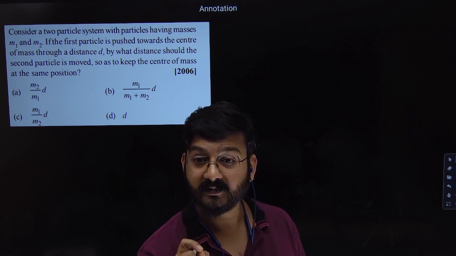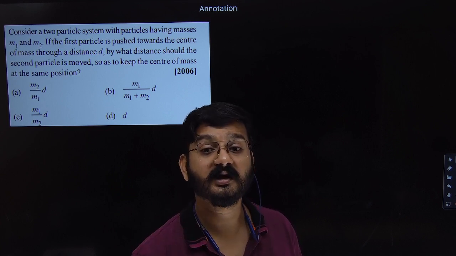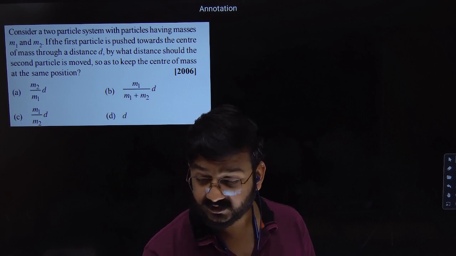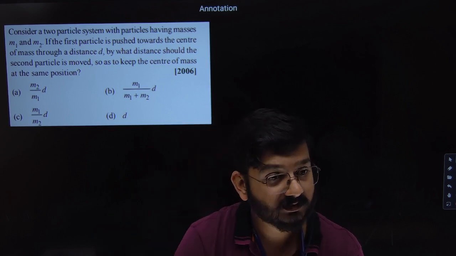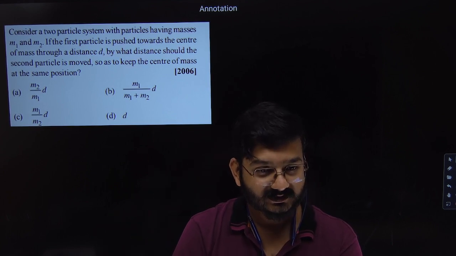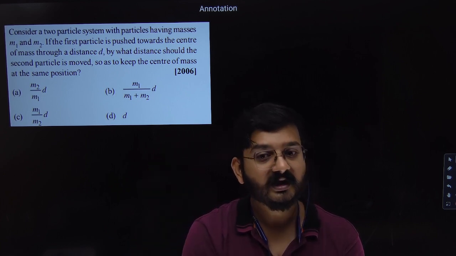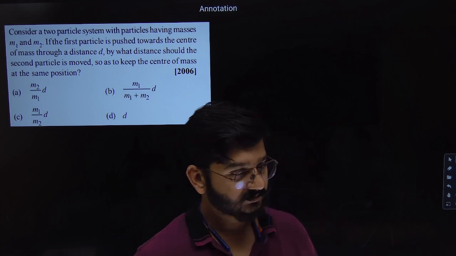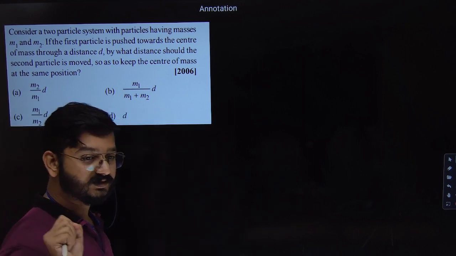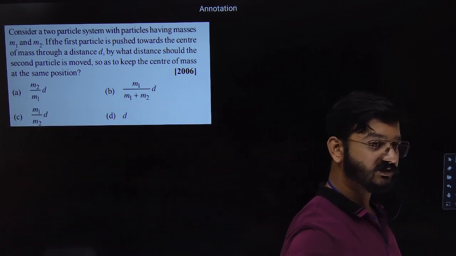Because explosion happens because of internal chemical reactions. It is not that I am taking a hammer and hitting the bomb. The moment you remove the pin, whatever chemical reaction happens inside, it explodes. So the position of the center of mass will not change before and after the explosion.